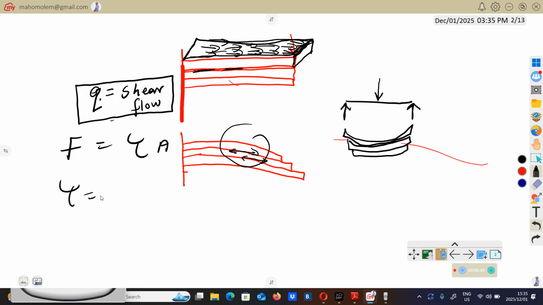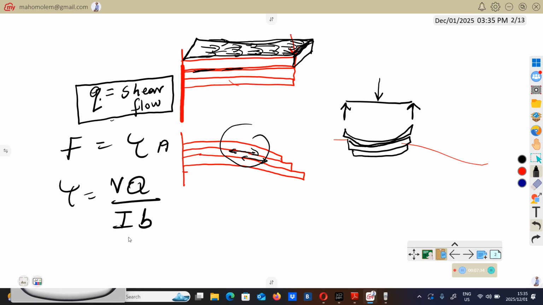From the previous lessons, we know that the shear stress at any point is given by this general formula: V, the shear force, multiplied by Q, the first area moment, over I, the second moment of inertia, multiplied by b, the width of the beam.